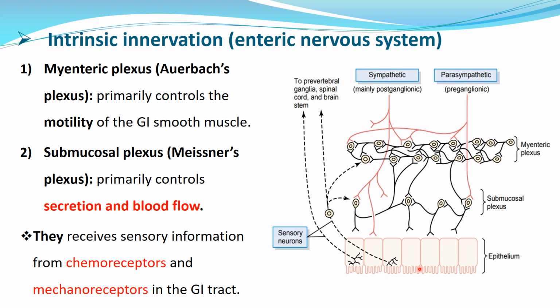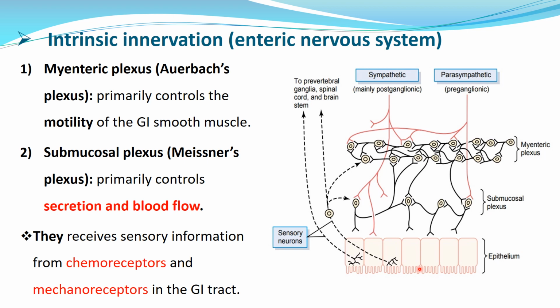As you know, from the name, you can directly say the chemoreceptors are mainly responsible for the detection of any changes in the chemical components of the digestive system.